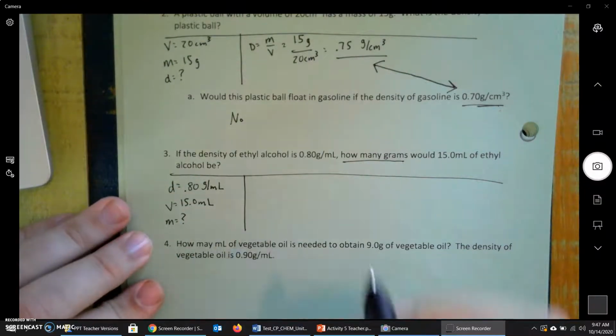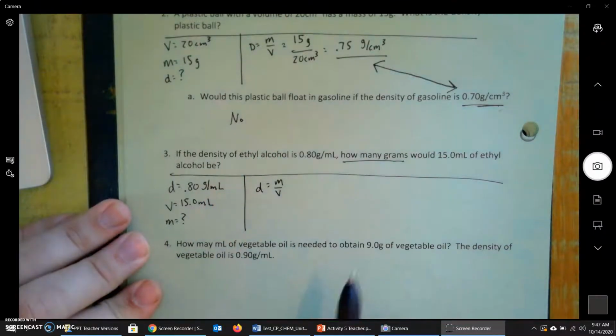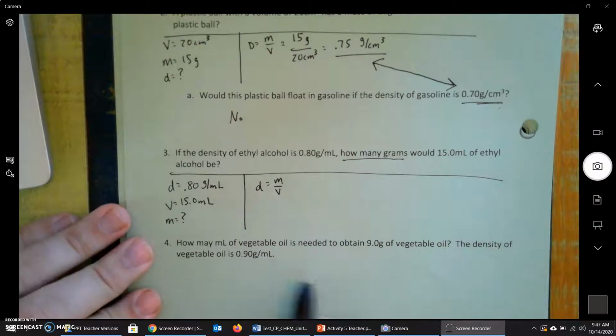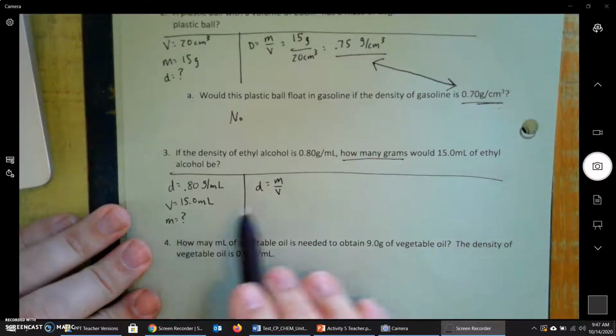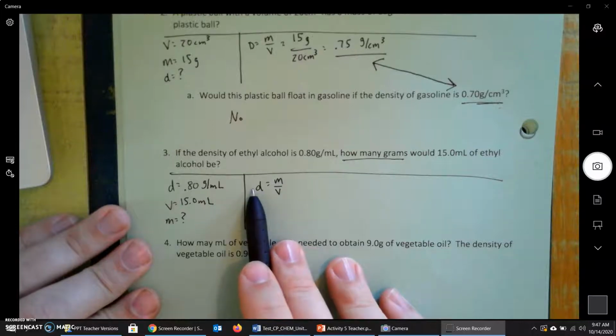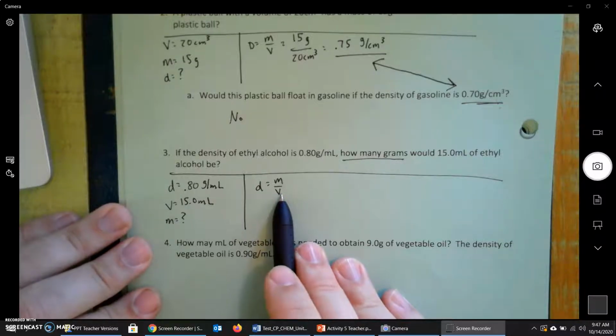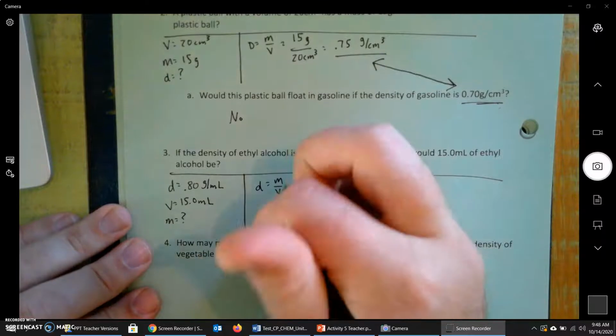Alrighty, so our formula, like always, we'll start with D equals M over V, and we need to solve for M. So how can I move this V over to the other side of the equation? Right now we have M divided by V. In order to move V over, we need to do the opposite. The opposite of division would be multiplication.